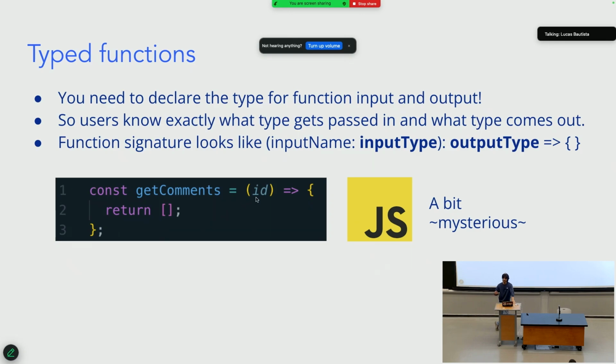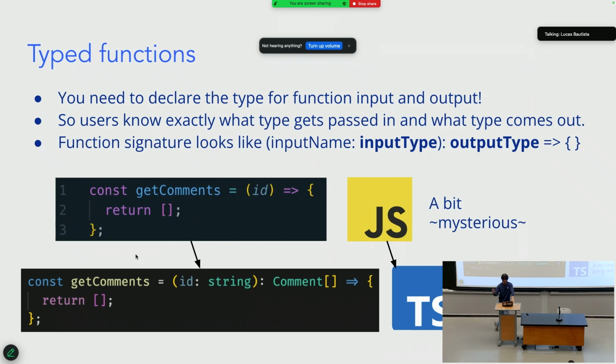But we don't know anything about the ID or what it's returning. ID could be an ID type that we custom made. It could be a string. It could be a number. We don't know anything about it. And we know that we're going to return comments because of the function name, but there's nothing enforcing that we return some specific type. So it could also be an array of strings or an array of some comment object that we make.